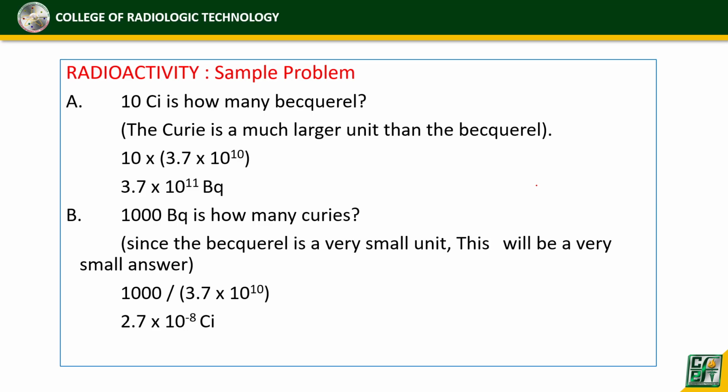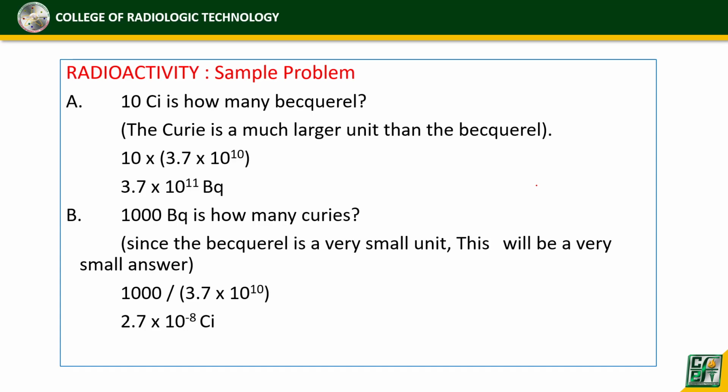So dito naman sa letter B is kabaliktaran. Yung 1,000 becquerel gagawin mong curie. Ang solution na pinakita dito, kung dun sa kanina ay multiplication, when you convert becquerel to curie, you will do division.